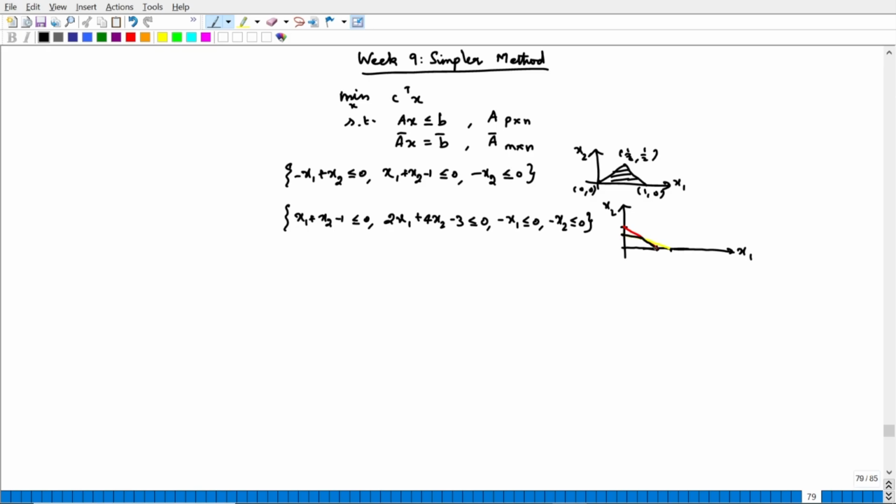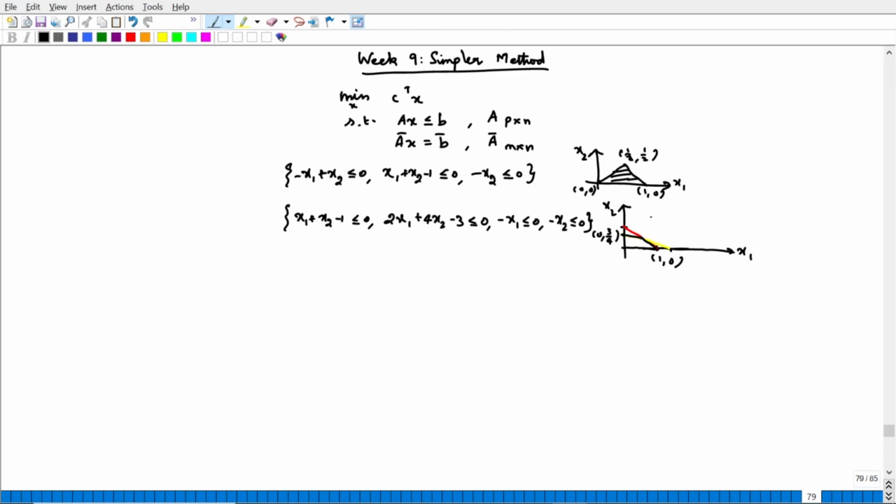So this is going to be 0 comma 3 by 4. If you put 0 comma 3 by 4 in the second constraint, it becomes 0, and this is going to be 1 comma 0. If we did not have the next two constraints, it would be all of these points.